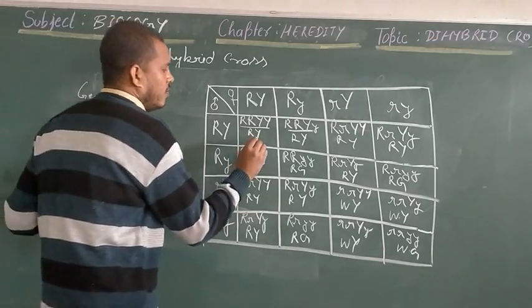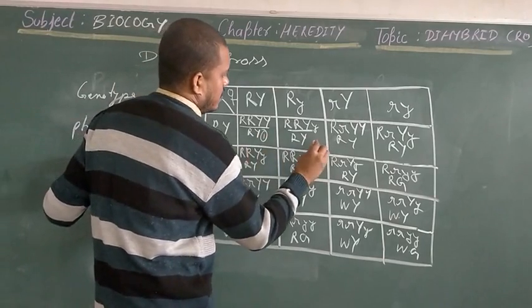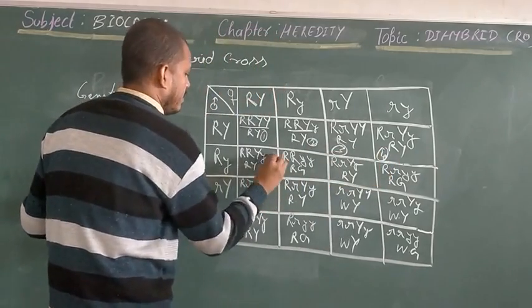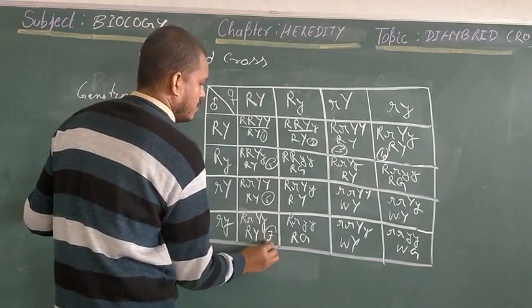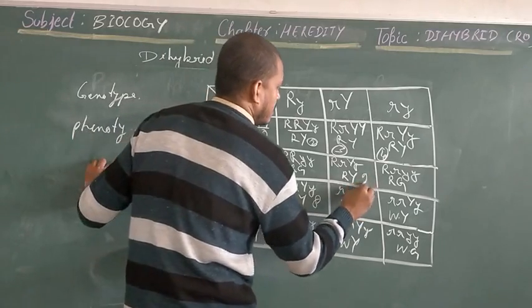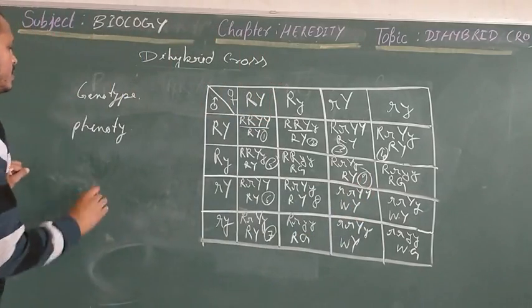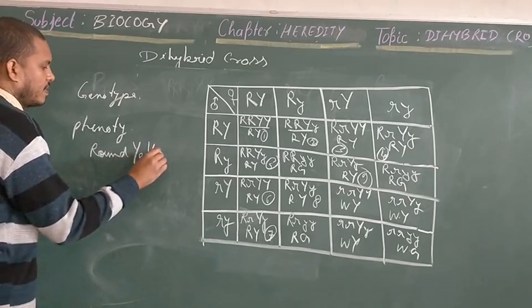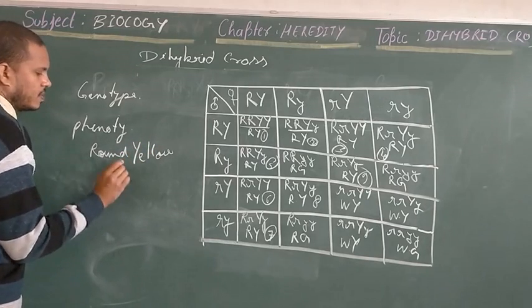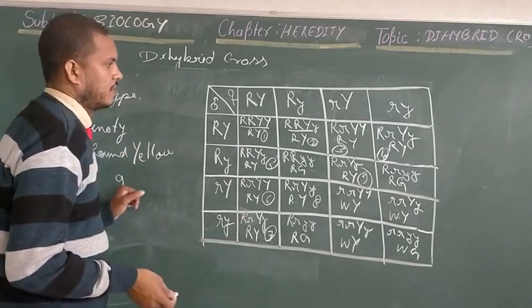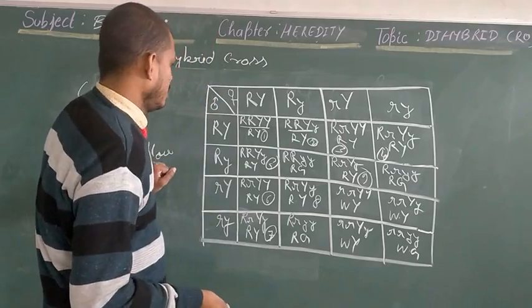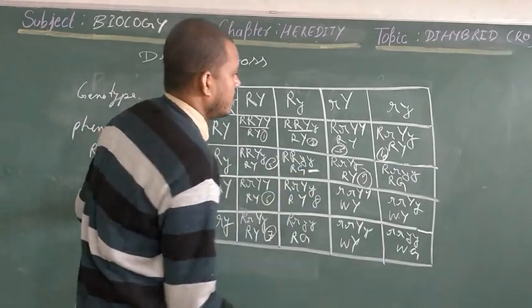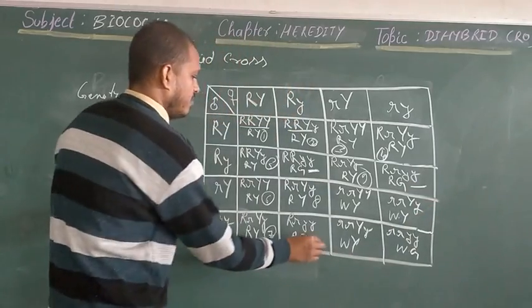Round yellow: 1, 2, 3, 4, 5, 6, 7, 8, 9. You will get 9 round yellow. And after that, wrinkled green. This one. 1, 2, and 3.